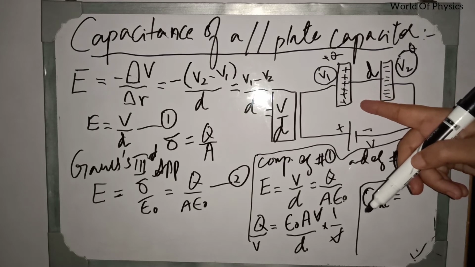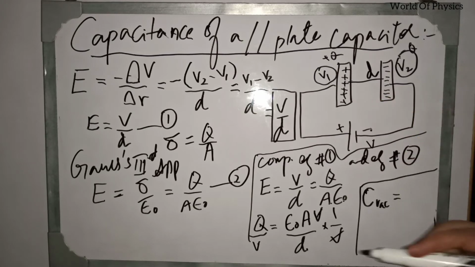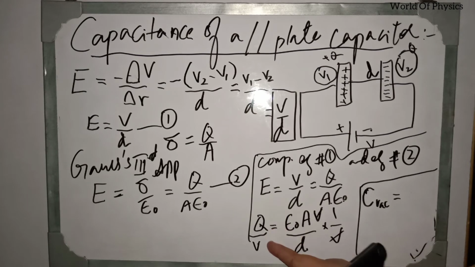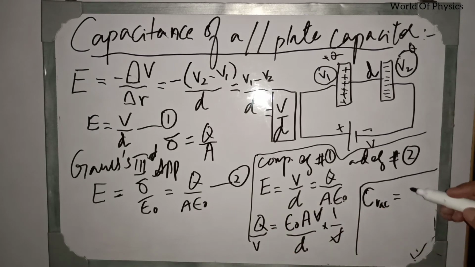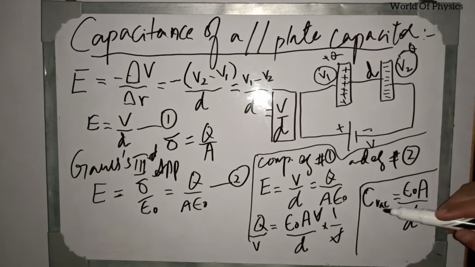So C in vacuum is equal to Q over V, and this Q over V is equal to epsilon naught A over D. This is capacitance C in vacuum is equal to epsilon naught A divided by D. This is the value of capacitance in vacuum.